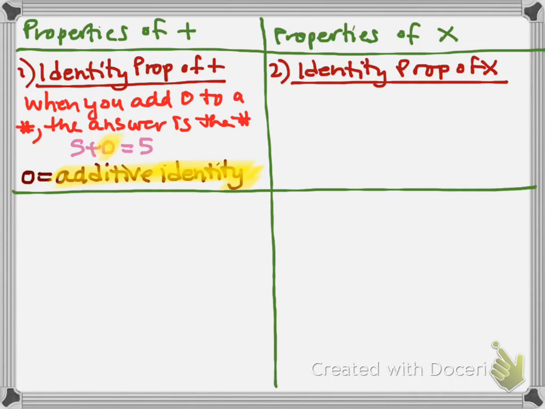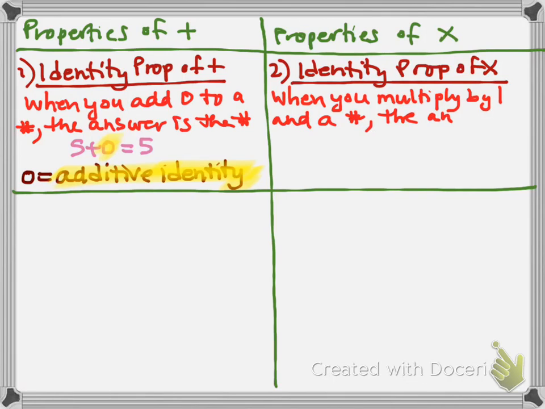So when you multiply by 1 and a number, the answer is the number. So here I'm going to do 5 times 1 equals 5.